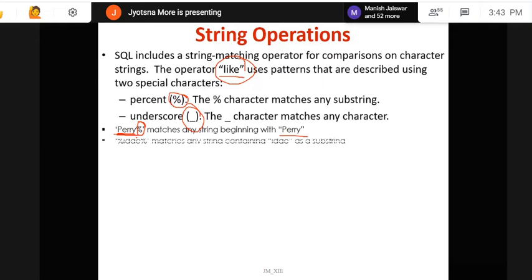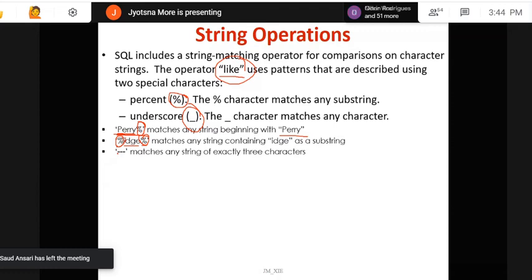Similarly, if I am writing LIKE '%IDG%', it will match IDG with any number of characters before and after, and that word will be my result. Next, suppose I am writing three underscores.